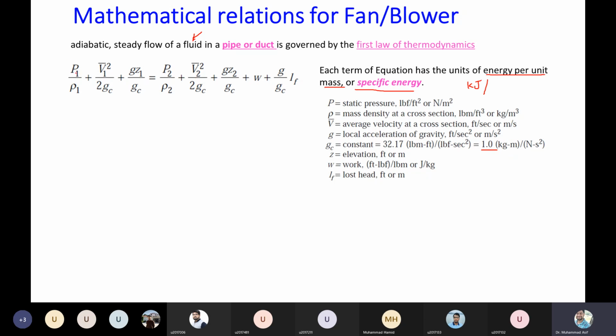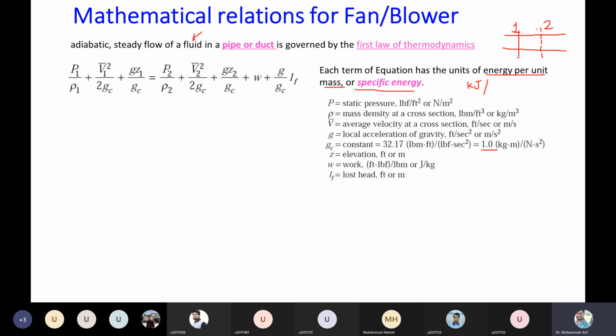Let's say this is a duct, and a duct can be very large, up to 5 feet or 6 feet. So let's say I'm talking about a control volume. Point one means this, point two means this. Between any two points, that's called the first law of conservation. The sum of all of the energy at section one remains the same at section two.